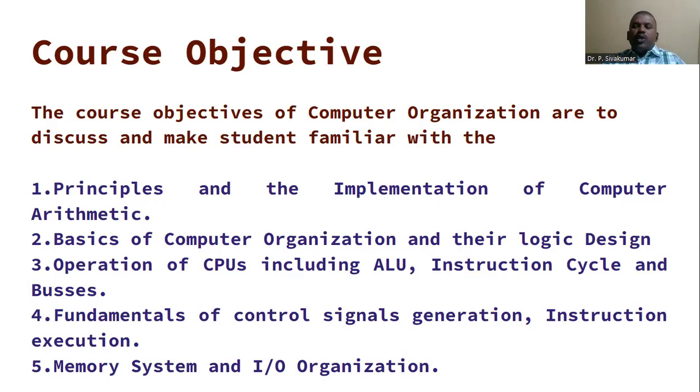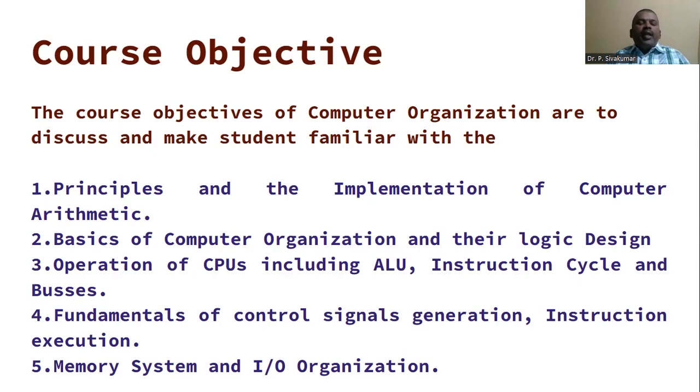The third important objective is that one can understand the operation of the processor, all the elements available in the processor, including the arithmetic logic unit, registers, the instruction cycle, and how data is communicated between different components through different types of buses. Next, one can understand the fundamentals of control signal generation, how the control signals are generated and how the instruction execution is controlled.